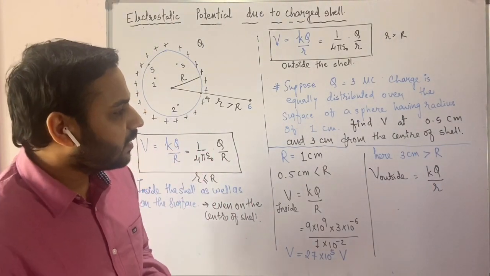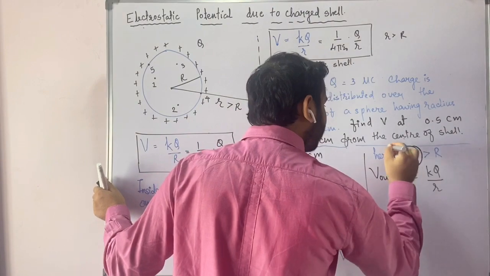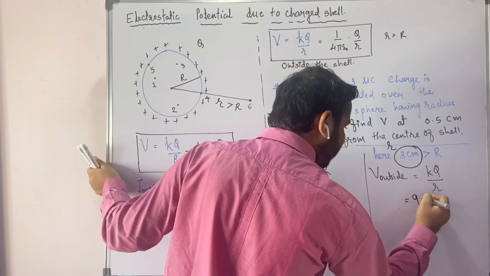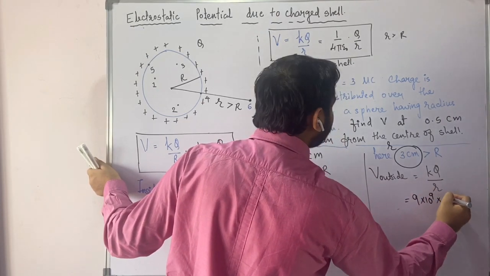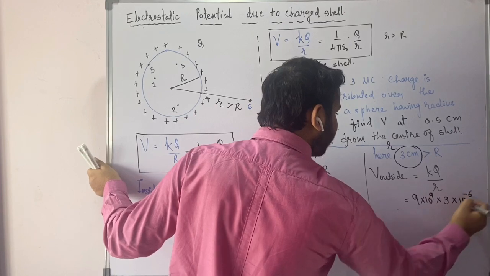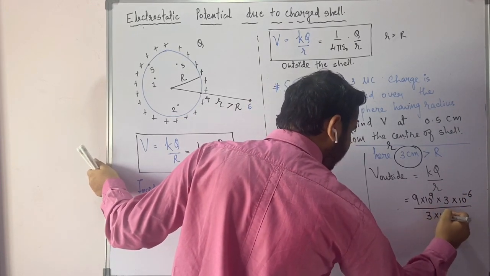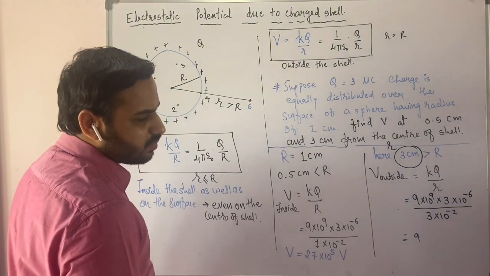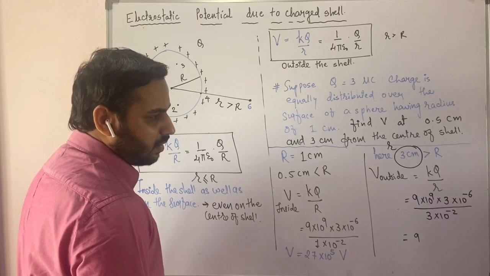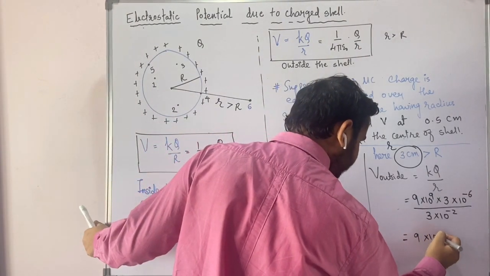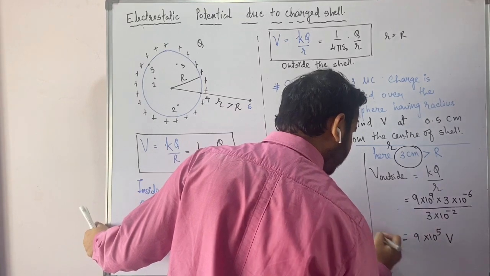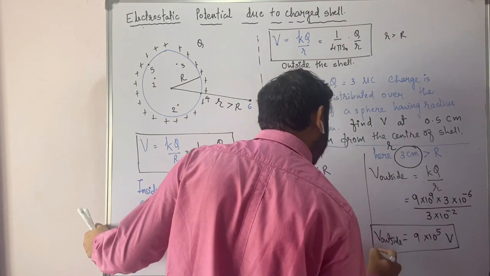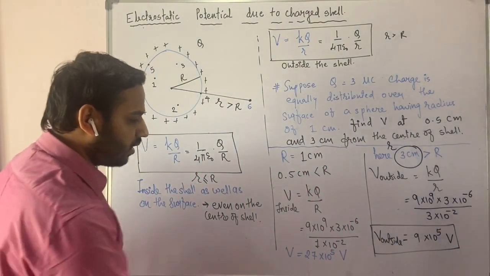This 3 centimeter is your small r. So now just substitute the values: 9 into 10 raised to 9, Q is again 3 microcoulomb, 3 into 10 raised to minus 6, and r is 3 into 10 raised to minus 2. The answer is 9 into 10 raised to 5 volt. This is V outside, at 3 centimeter distance. These were your answers.